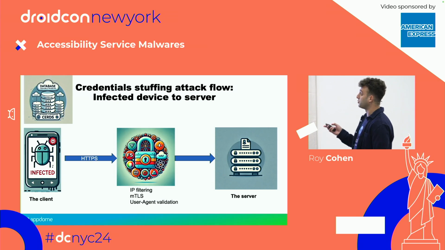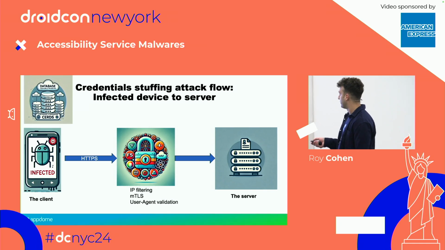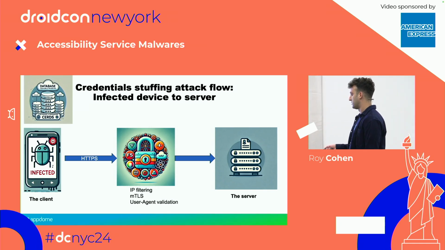They come from the C2 server. C2 is basically a command and control server. This server gives the combo list to the device, and the device then sends the HTTPS request to the server. It bypasses all of the IP filtering, mTLS, and user agent validation. Why? Because it's not like a regular curl script.